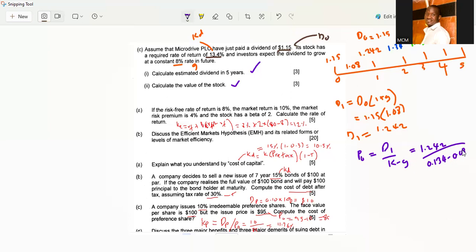So 0.134 minus 0.08. What are you getting? 23. Gotcha. So this is how we find the value of stock. So 6 marks for that. Are you together?